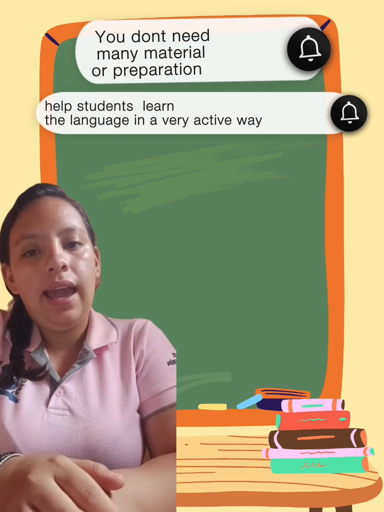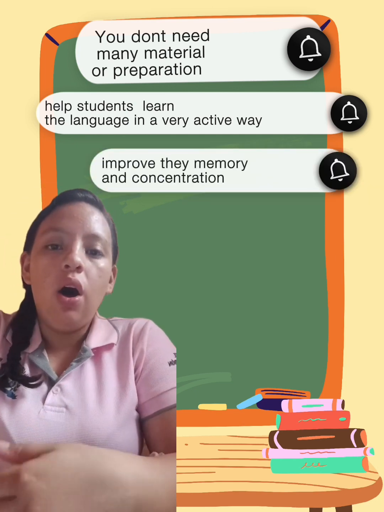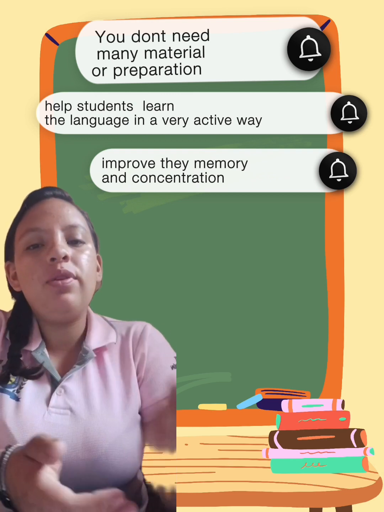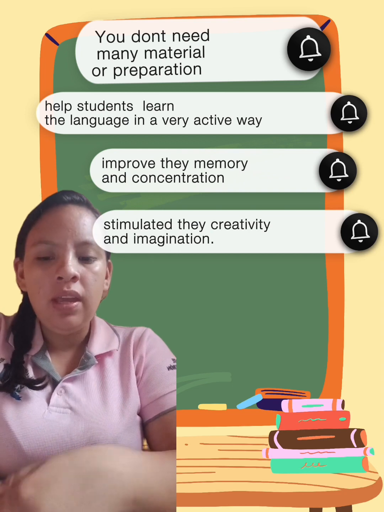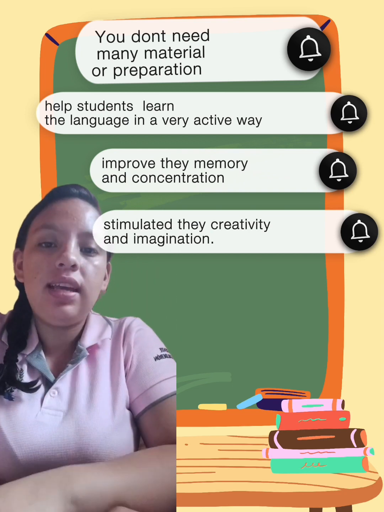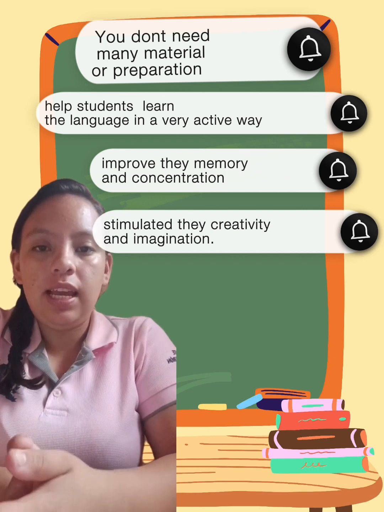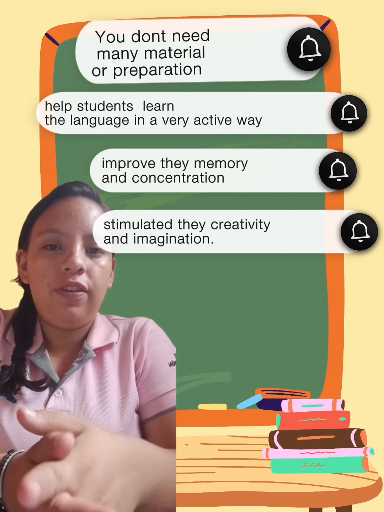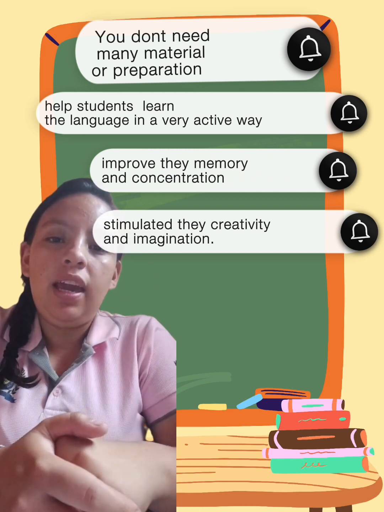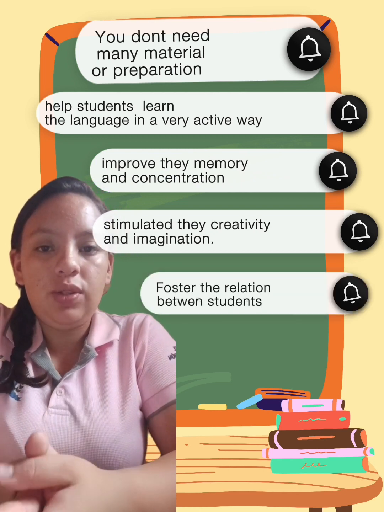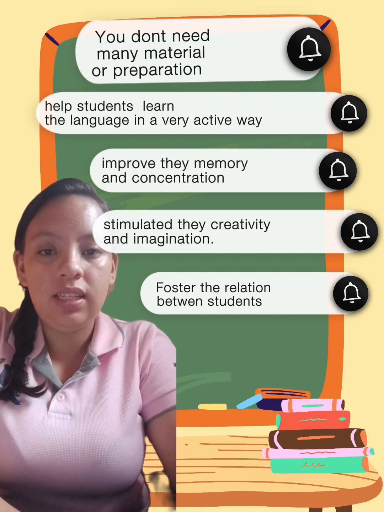The students can improve their memory and concentration during the class. Also, these activities stimulate the creativity and imagination of the students because these activities require the students' minds, and this helps them in different areas of their life. And finally, they foster relations between the students because the students have to work together during the activities.